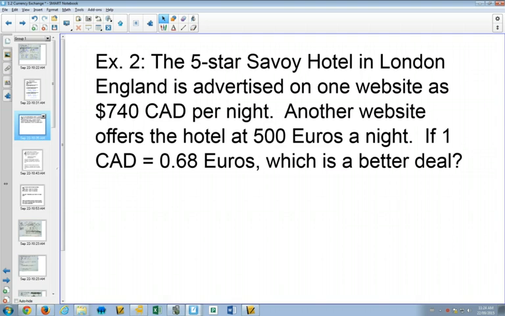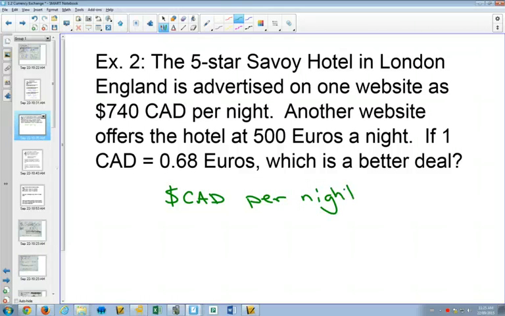So we have to decide, this is sort of like unit pricing and currency exchange combined. We need to figure out which is the better price. And we're going to figure out our unit price is going to be the price per night, but we have to choose which currency we'd like to look at. Probably, since we're used to Canadian dollars, we're going to look at the Canadian dollars per night.